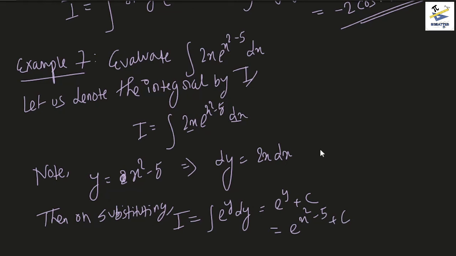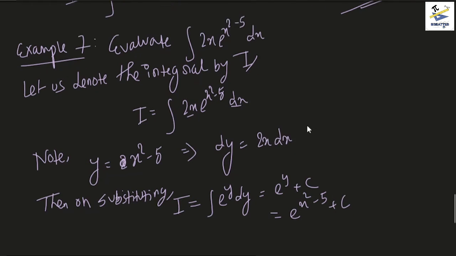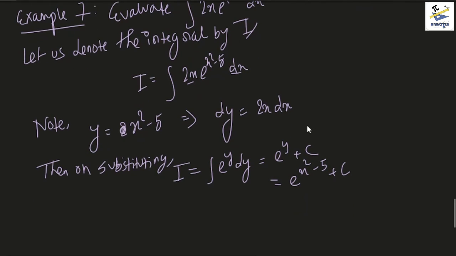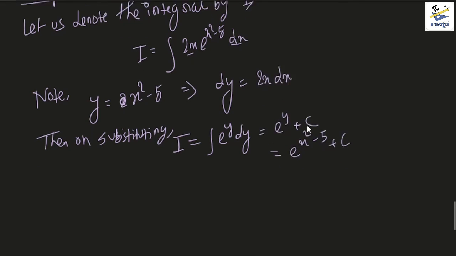So this type of integrals, if you find the derivative of a term directly present inside the integral, try to substitute for that term so that you can reduce it into a common integral or an integral that you know of, okay? Because only then would it be easier for you to find out what to do.